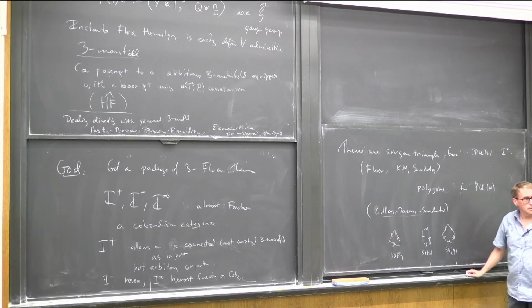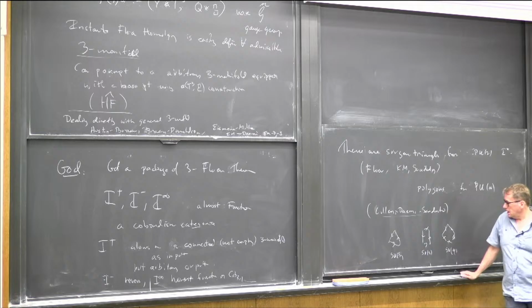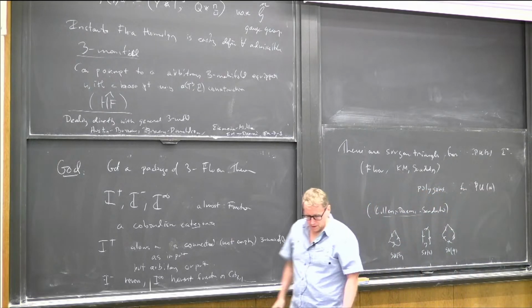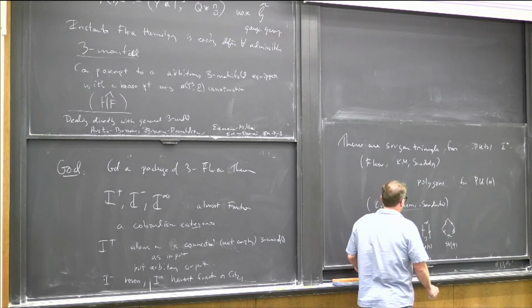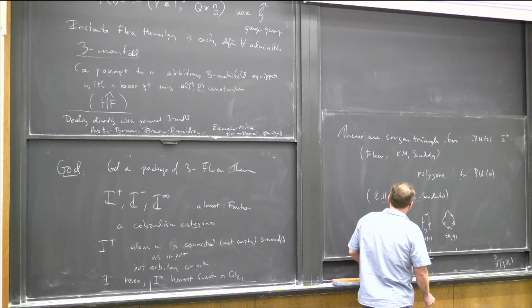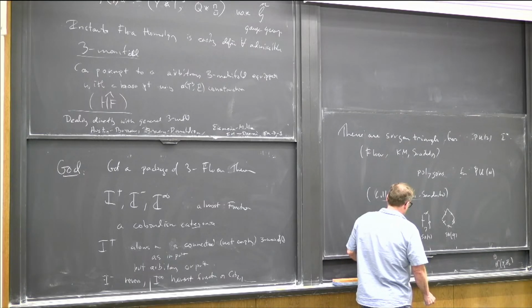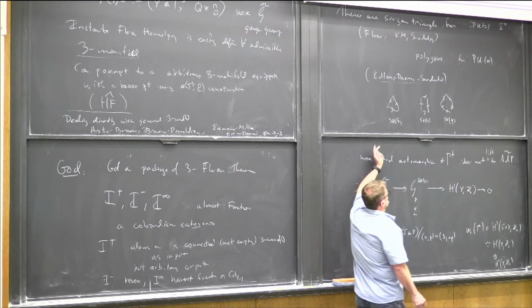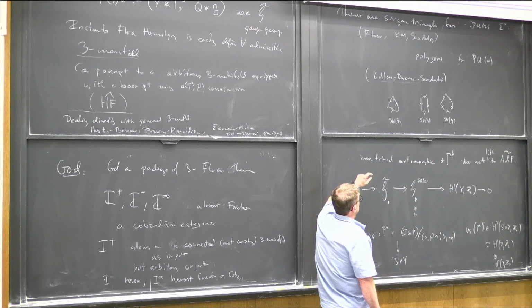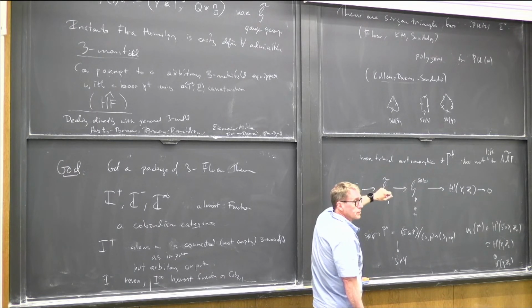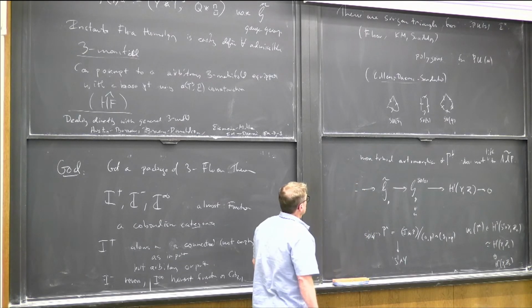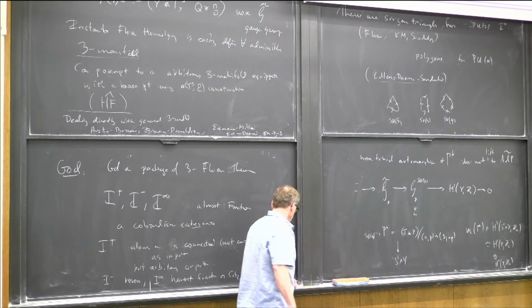Can you remind us what square means? It means that any one is a two-step mapping component of the other two. Is that right? Yeah, that's right.